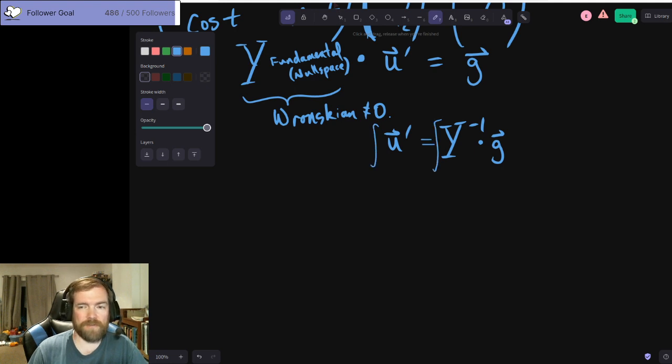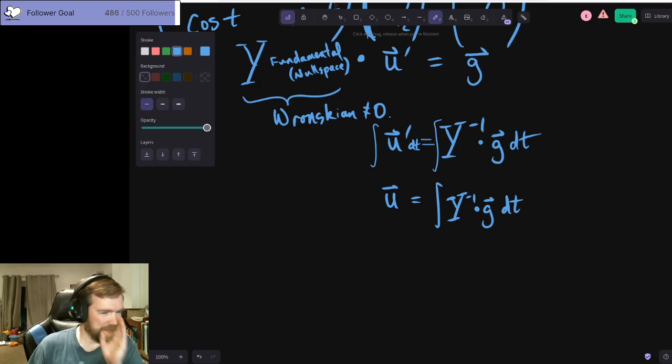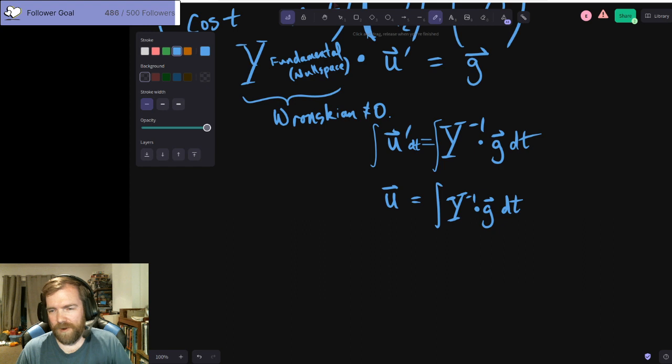Yes, they are vectors, which makes it a little awkward, but if you remember how to do that, then our u vector is going to be equal to that integral of the inverse fundamental times g dt. And that's going to depend on all of our different factors.